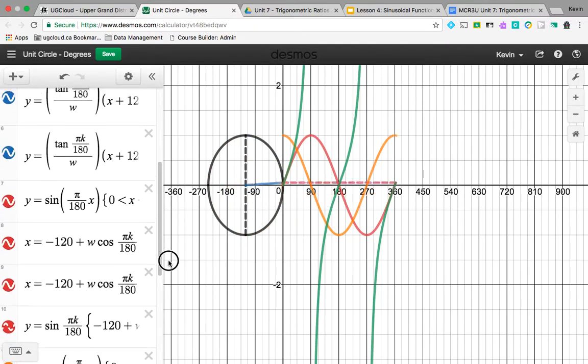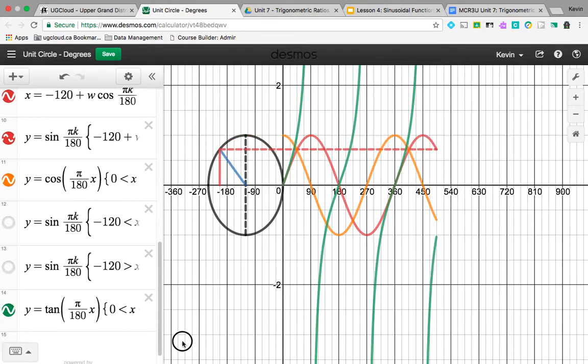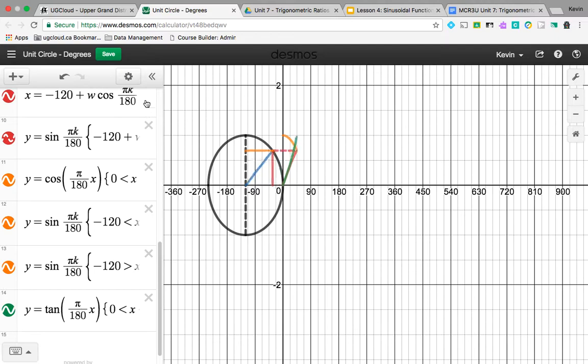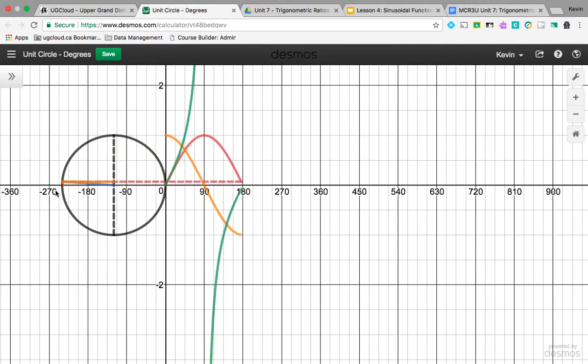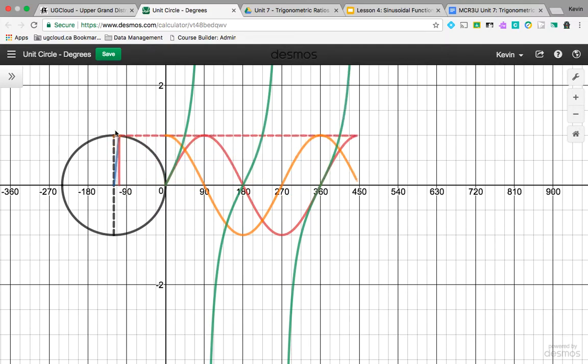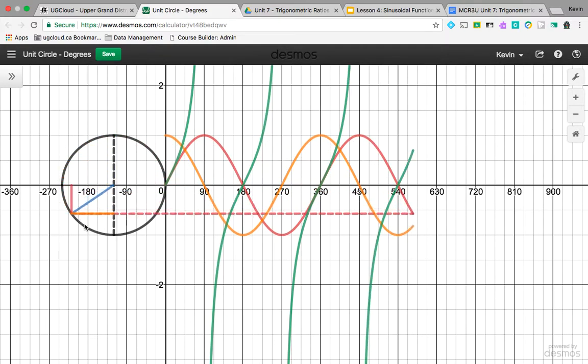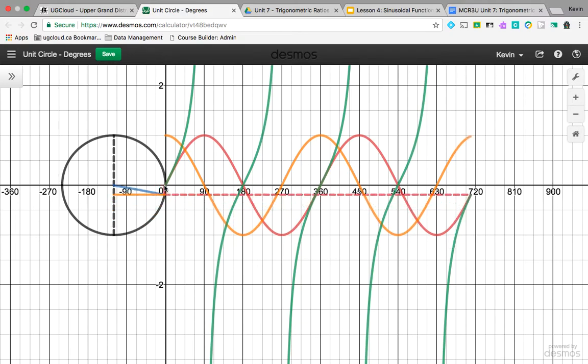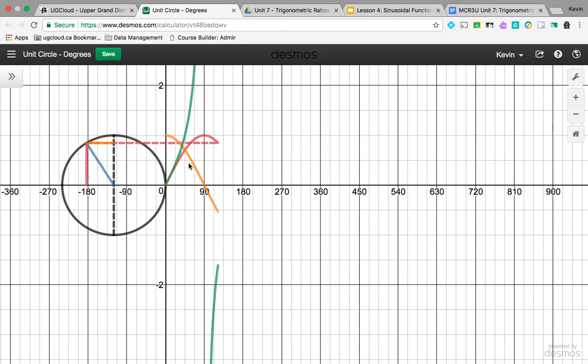If we click off one of these here, you can see the orange one there is the x distances. And so as the x distance changes, you can see it going to 0, to -1, to 0, to 1. That's what the orange one is doing, the x distances.